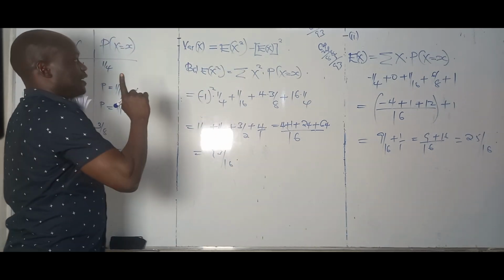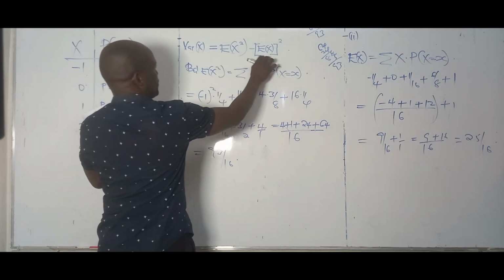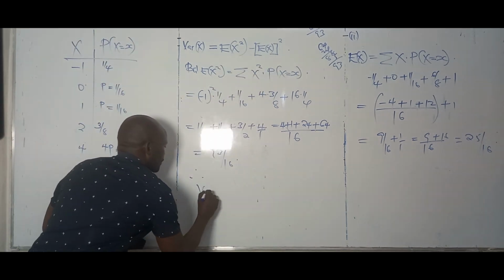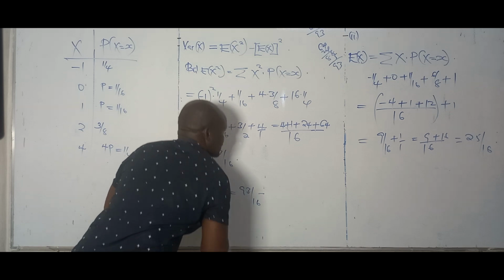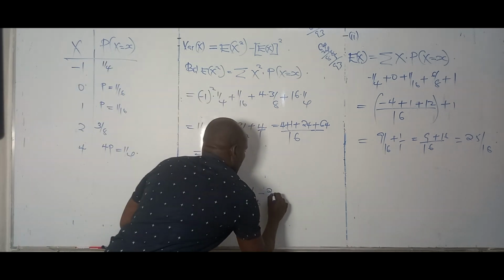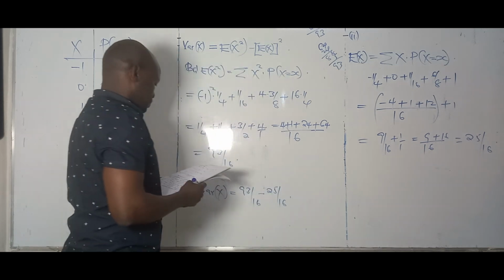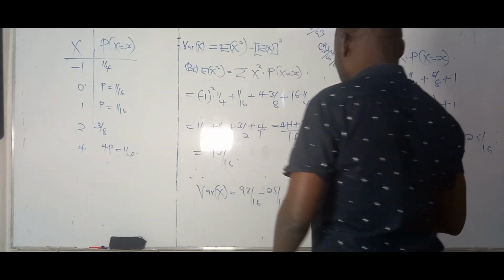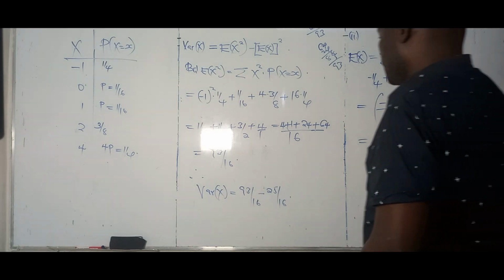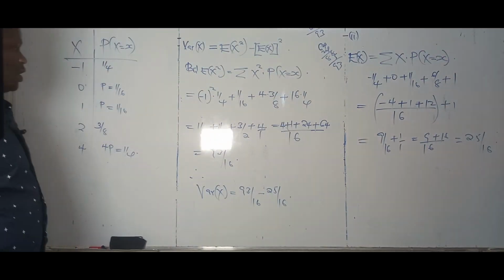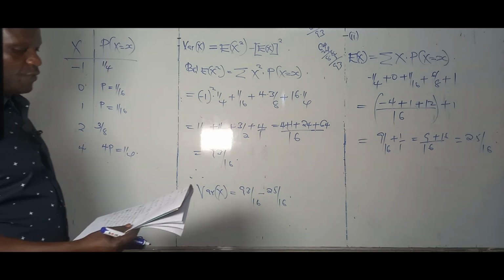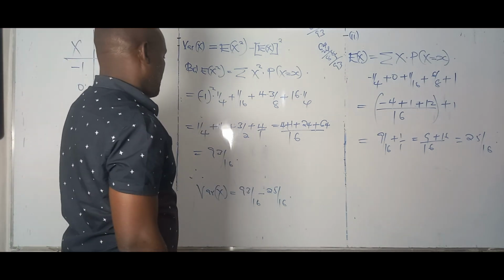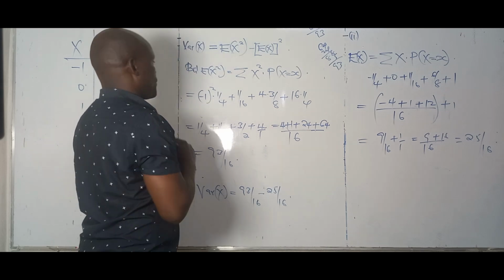That's what I have. But the variance should be the expected value of x squared minus the square of the mean. Therefore, var of x will be 93 over 16 minus 25 over 16, no, because we should square this.